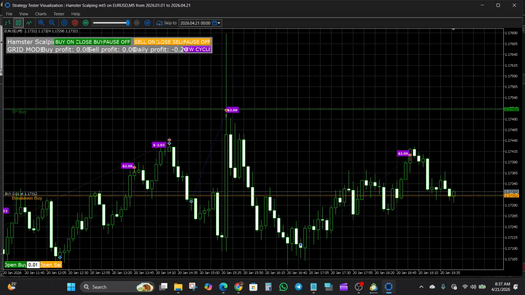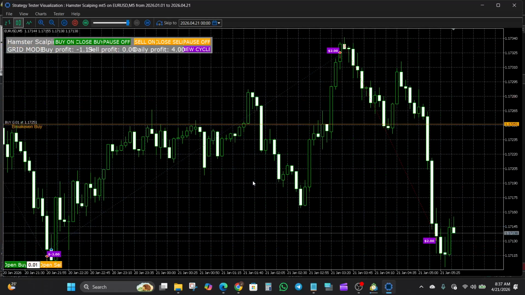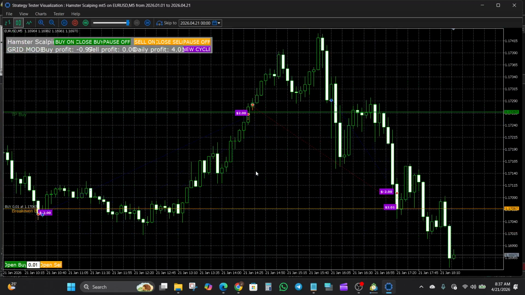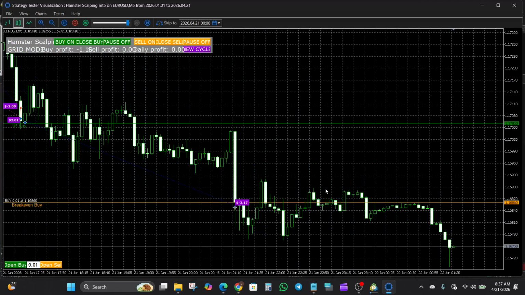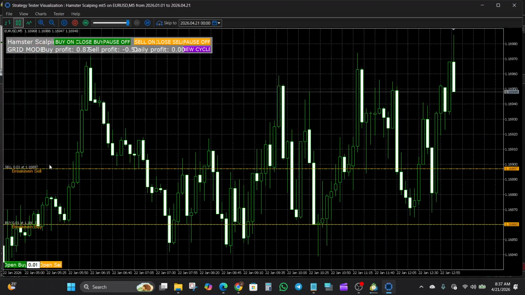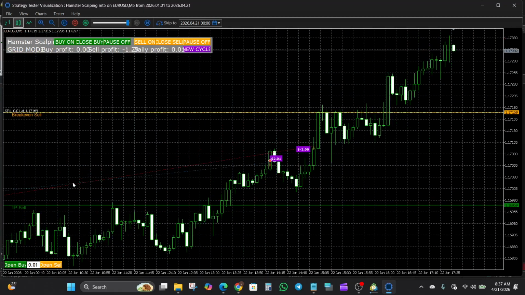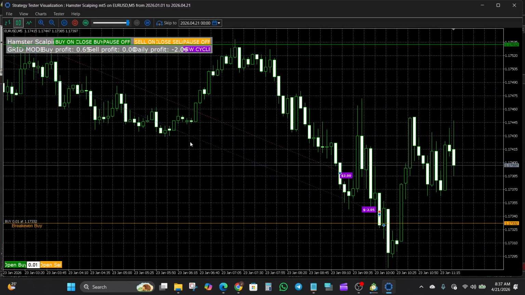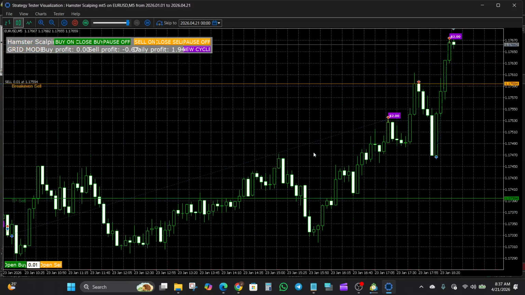Now, in terms of exits, you also notice the EA is using a mix of virtual take profit and stop loss, right? We can also have sell trade and buy trade executed simultaneously, right?